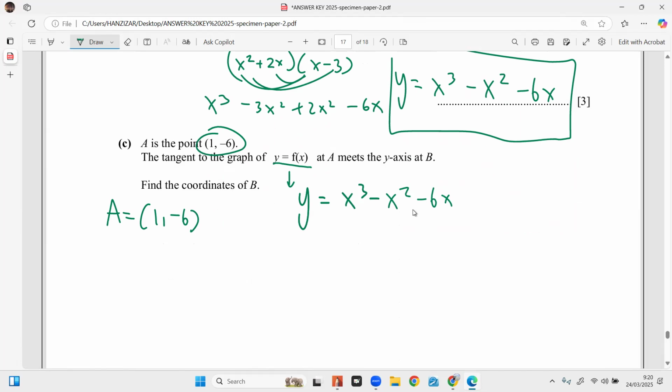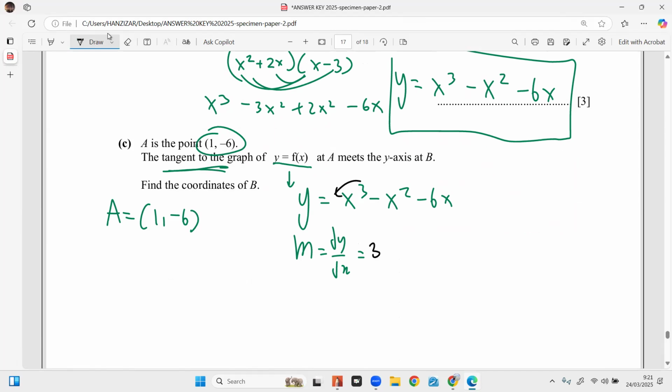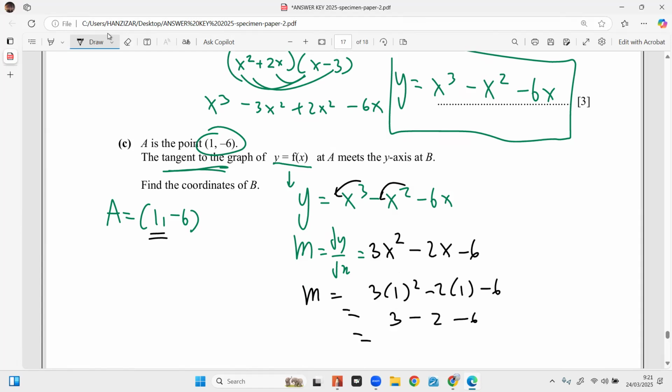We are finding the tangent, which equals the derivative, dy/dx. Tangent is always the derivative. Again, you put the power down: 3x squared minus 2x minus 6. You put x as 1. So the gradient is 3 times 1 squared minus 2 times 1 minus 6. We get 3 minus 2 minus 6, which is -7.